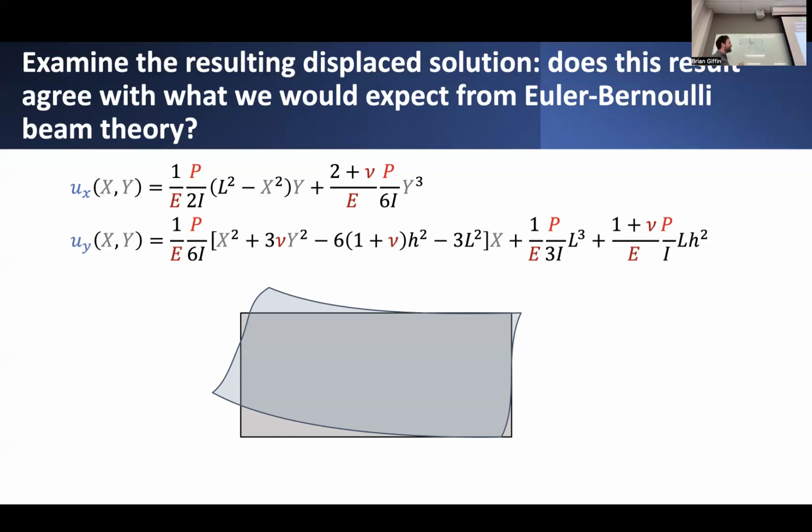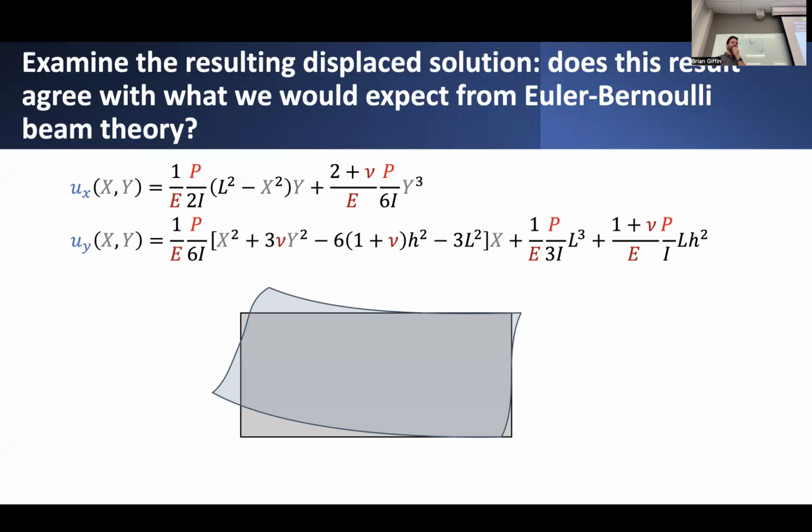So rather than being strictly perpendicular to this axis, and maybe it's useful to look at what's actually happening at the end here, it looks maybe more like this, where it's not quite a right angle. It's kind of like the cross section is actually deformed. It's not perfectly perpendicular to the neutral axis. So that's one thing that's different.